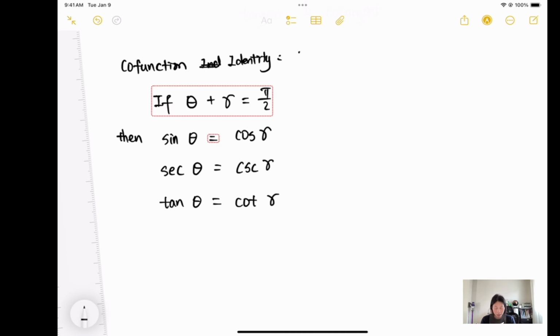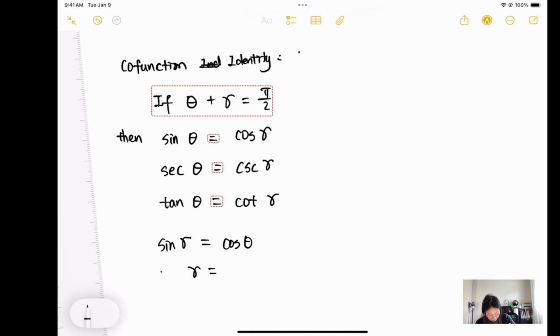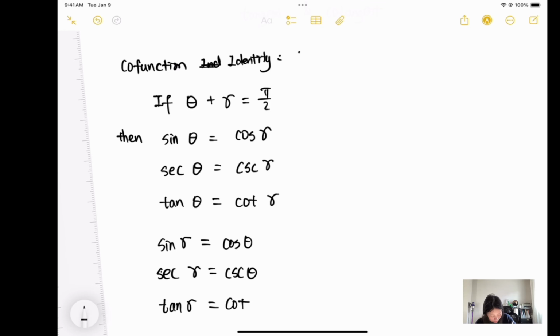Or the other way around: sine gamma is equal to cosine theta, cosecant gamma is equal to secant theta, secant gamma is equal to cosecant theta, and tangent gamma is equal to cotangent theta.